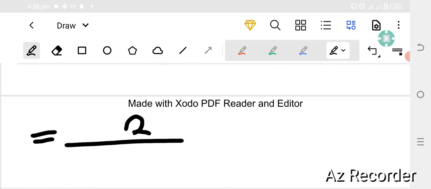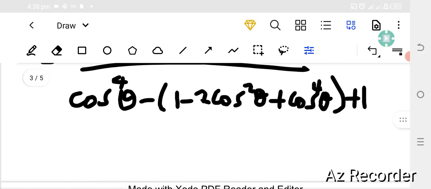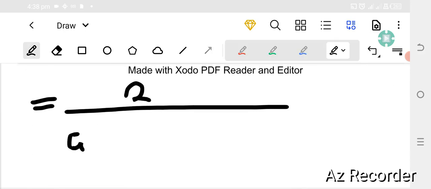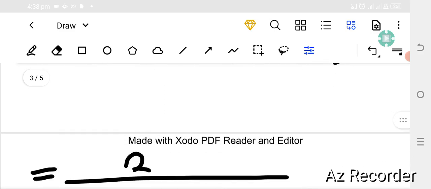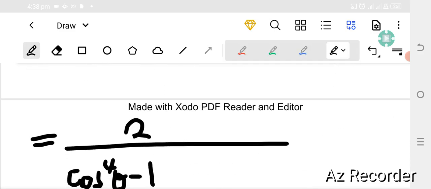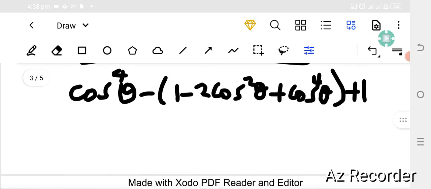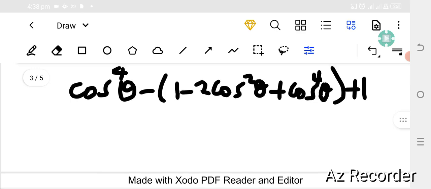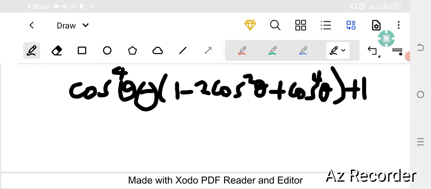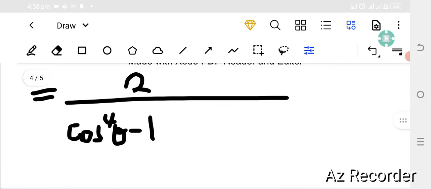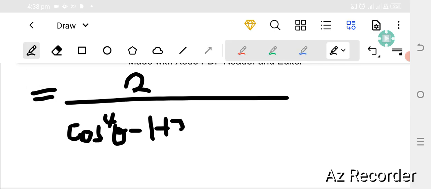Positive 2 you divide by cos theta to the power 4 will be maintained, cos theta to the power 4 like that, and then you say minus 1, like that, and then you will say, so I'm distributing this negative 1 inside the brackets, so it will be minus 1 plus 2 cos theta squared, okay, plus 2 cos theta squared like that.